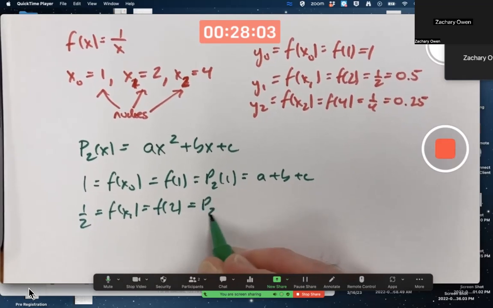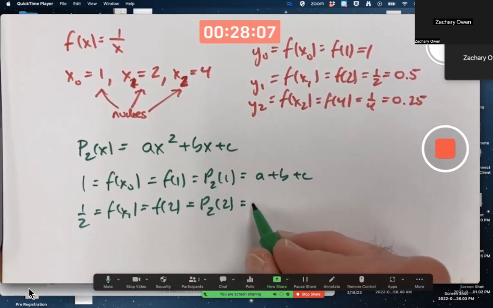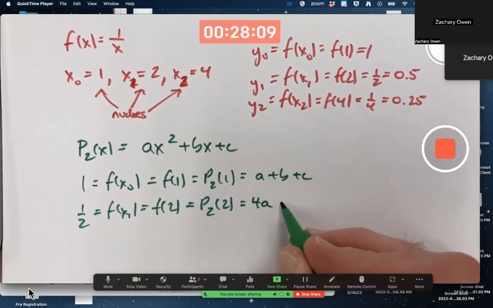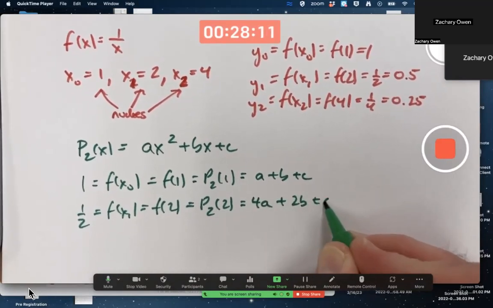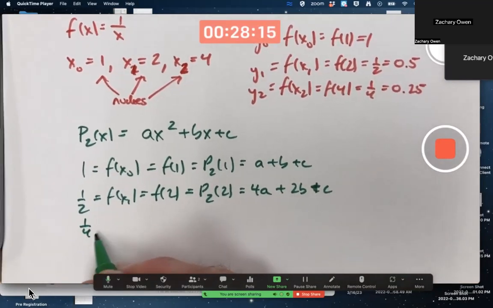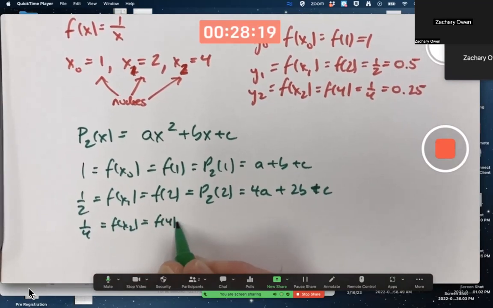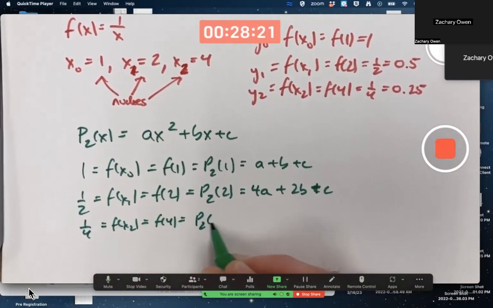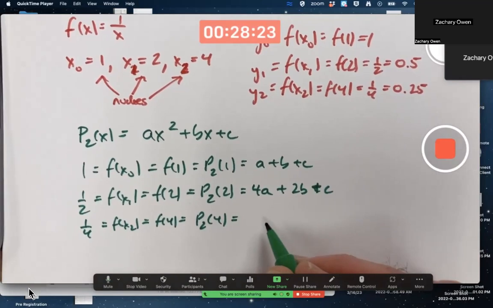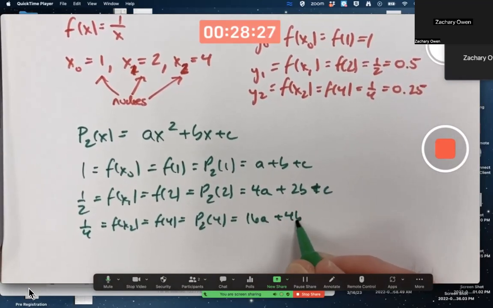That should equal P2 of 2. Plug in x equals 2, you'll get 2 squared is 4, 4a plus 2b plus c. And then the last one, 1/4, is f of x2, which is f of 4, and that should be set equal to P2 of 4. 4 squared is 16, so we get 16a plus 4b plus c.